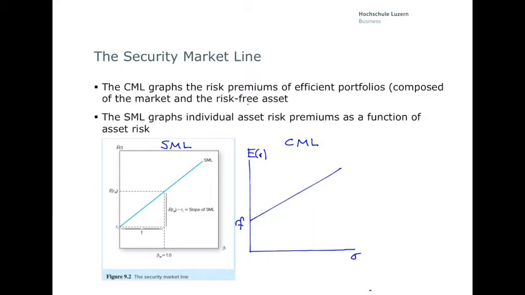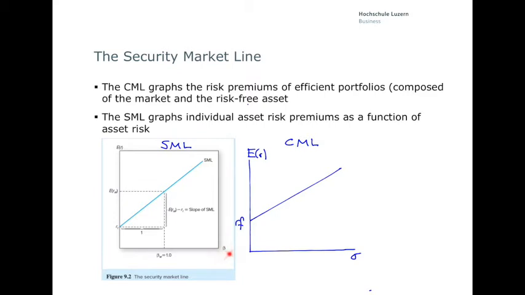The capital market line graphs the risk premium of efficient portfolios as a function of portfolio standard deviation. This is a valid measure for risk for efficiently diversified portfolios that are candidates for an investor's overall portfolio. The security market line, in contrast, graphs individual asset risk premiums as a function of asset risk.